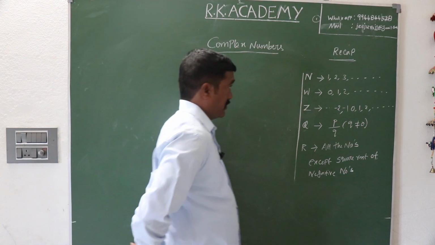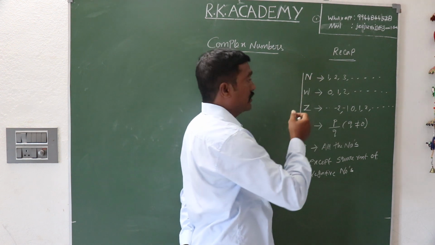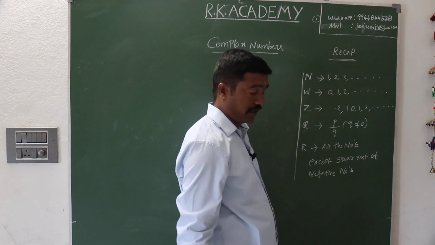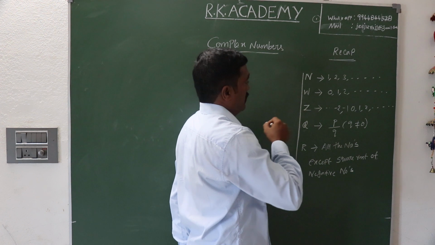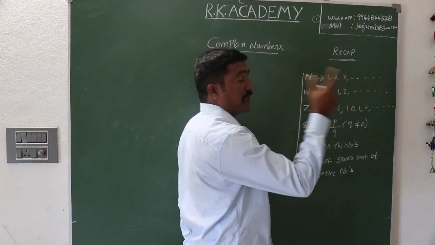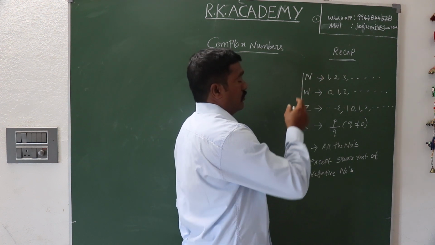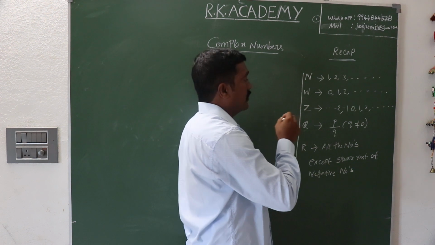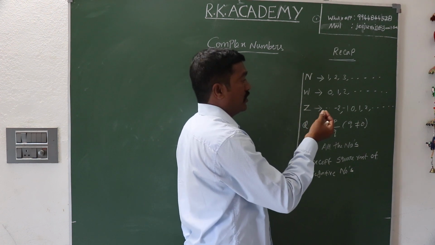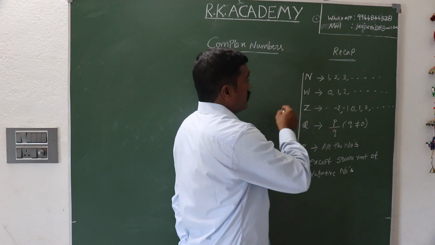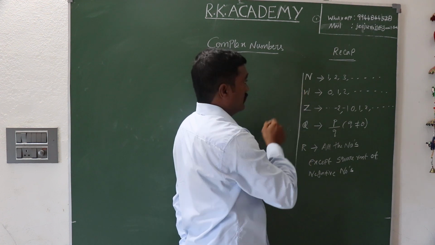Okay, number system. First, natural numbers. It starts from 1, 2, 3, etc. Whole numbers start from 0, 1, 2, 3, etc. Integers are all negative and positive numbers. So what is the relation here?